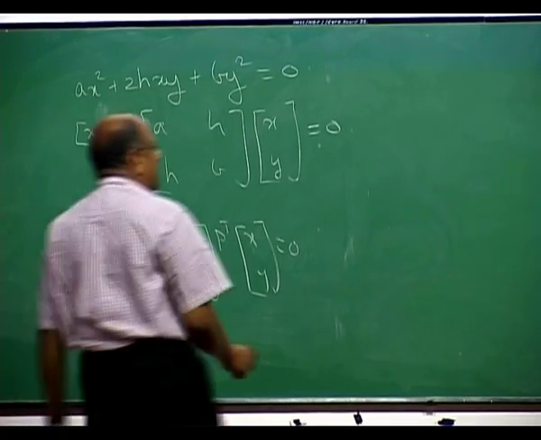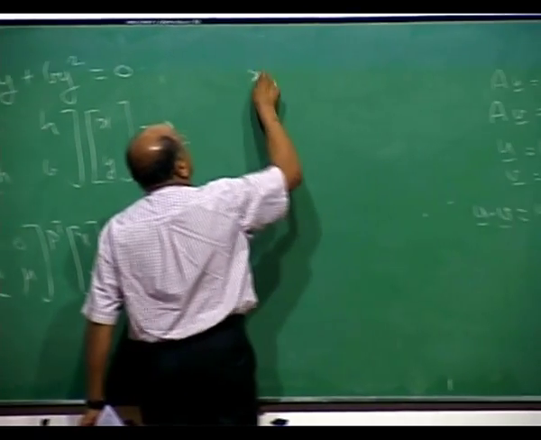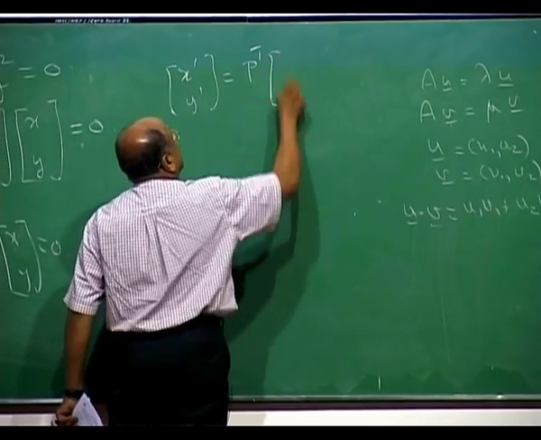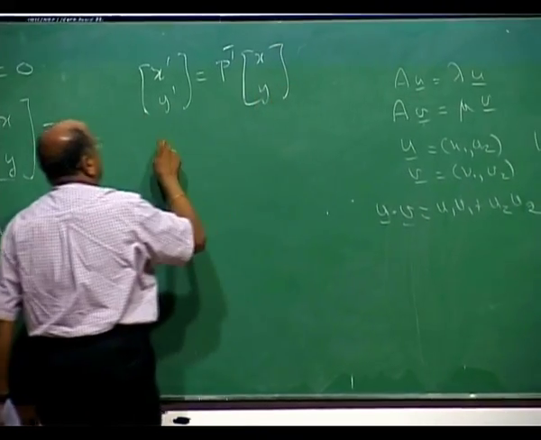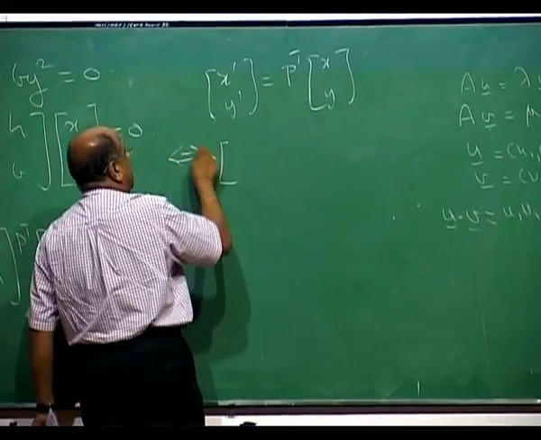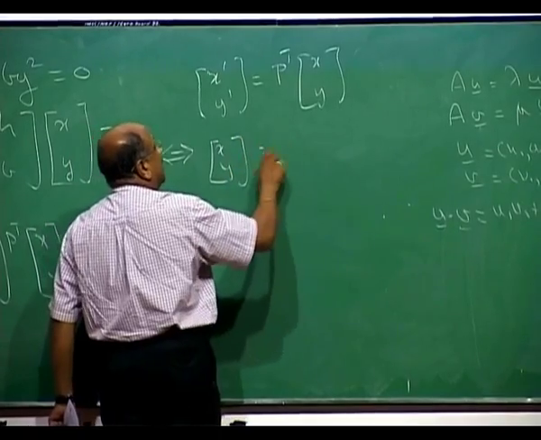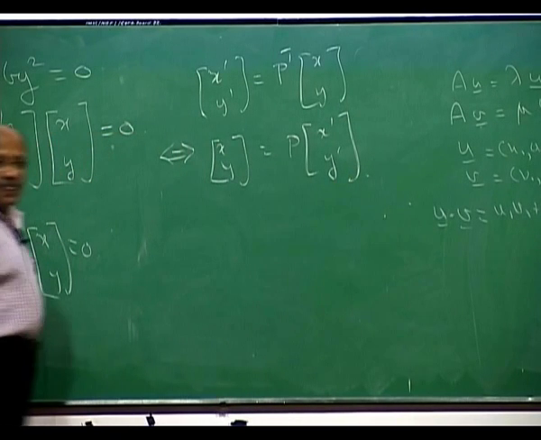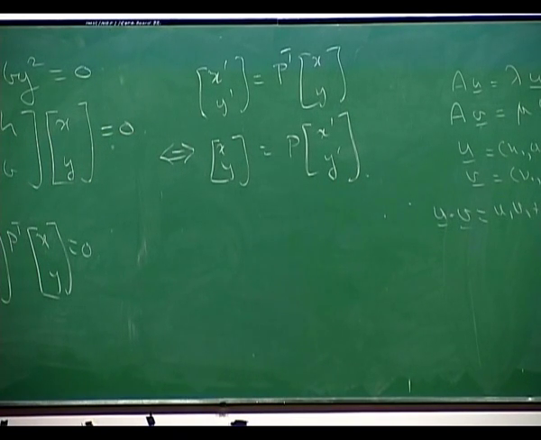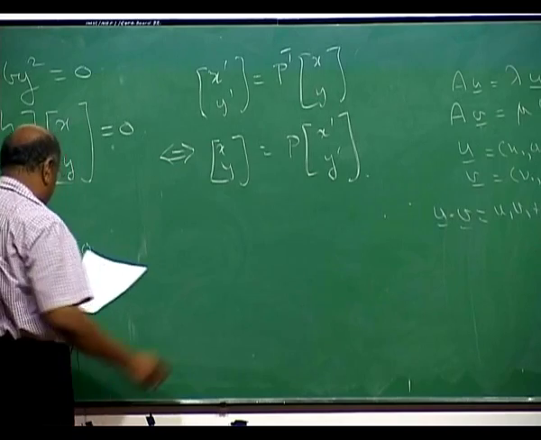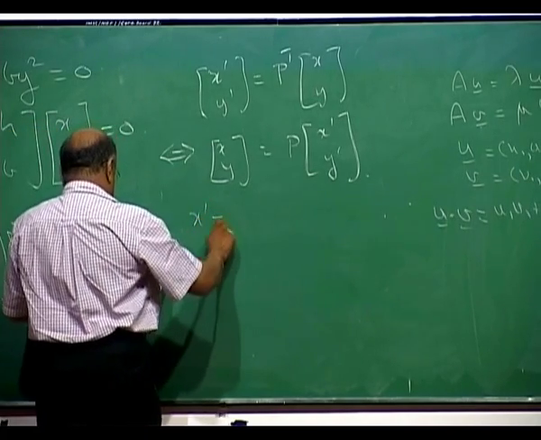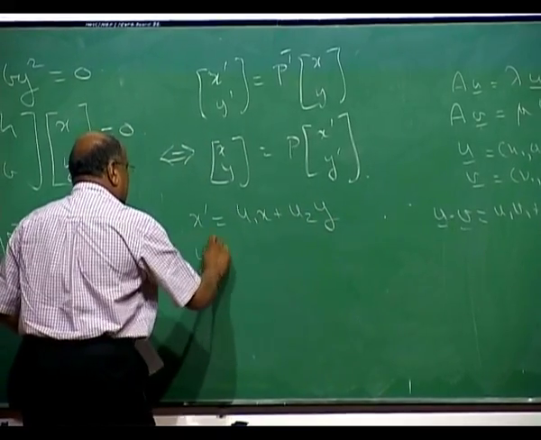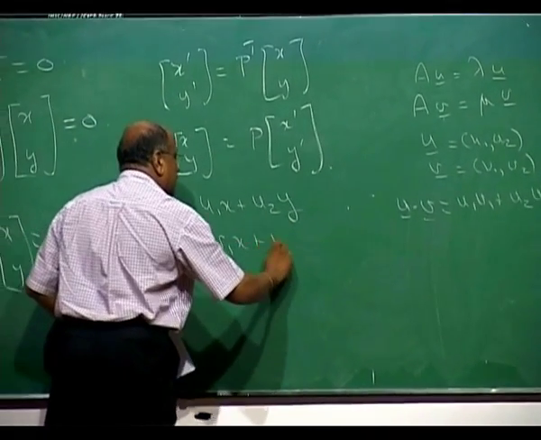Now I am going to make a change of variable. (x', y') is P transpose (x, y), or equivalently, (x, y) equals P times (x', y'). So explicitly in terms of the eigenvectors, this becomes x' equals u1 x plus u2 y, y' equals v1 x plus v2 y.